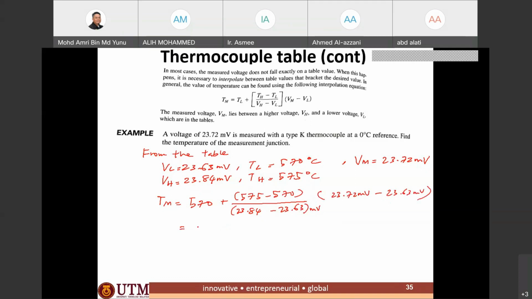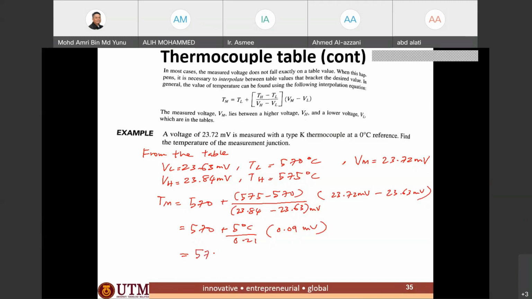So we get 570 plus 5 degrees Celsius divided by 0.2, 0.09 millivolt. So we get the measured temperature, which is the difference between, yeah.